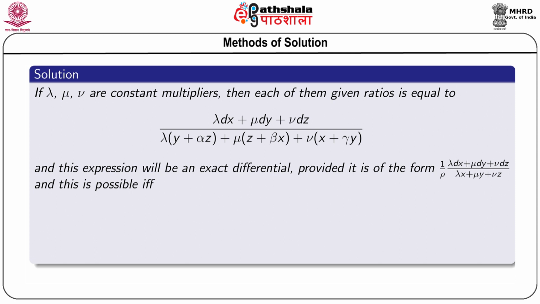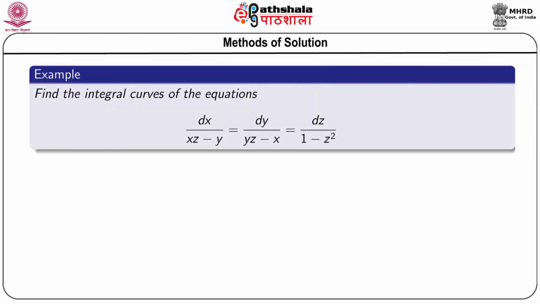Now, we want to find the values of lambda, mu, nu such that each of the expressions is an exact differential. Now, we shall take one example to explain method 2. We have to find integral curves of this equation, where alpha, beta, gamma are constants.